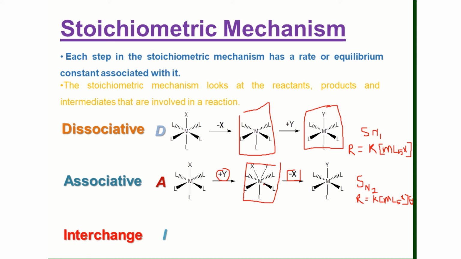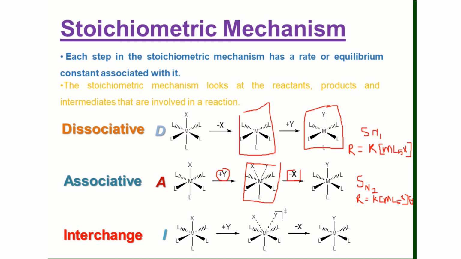But now, if there's no identifiable intermediate, then we can assume that an interchange mechanism is operating. This is the example of the interchange mechanism.